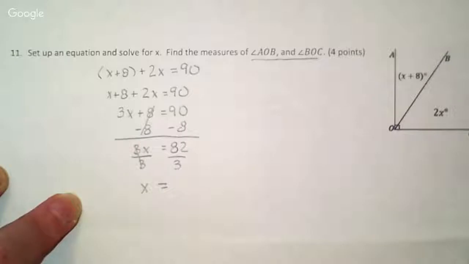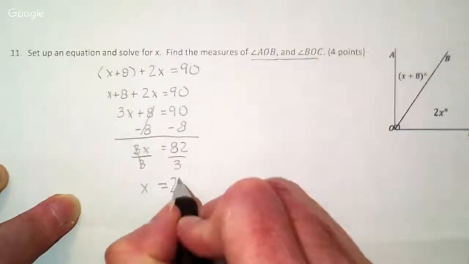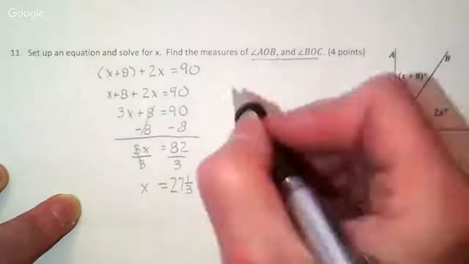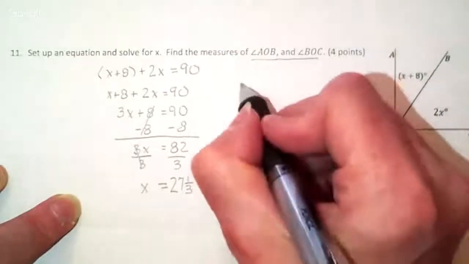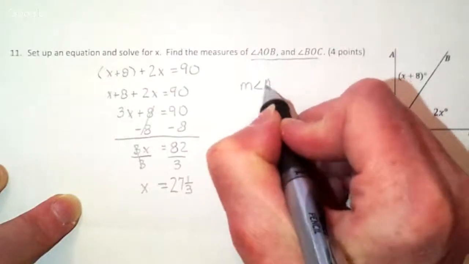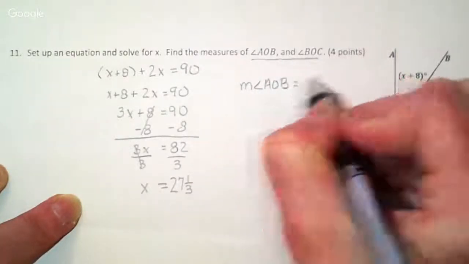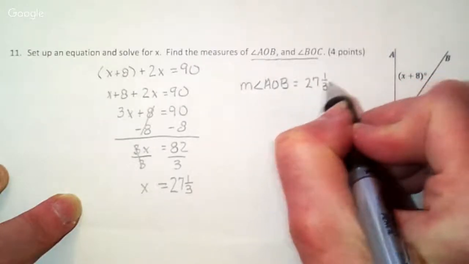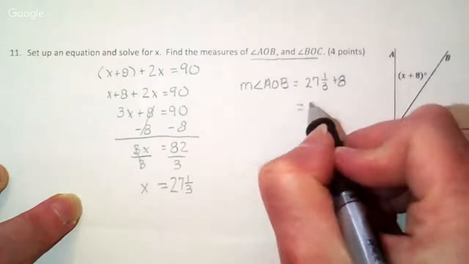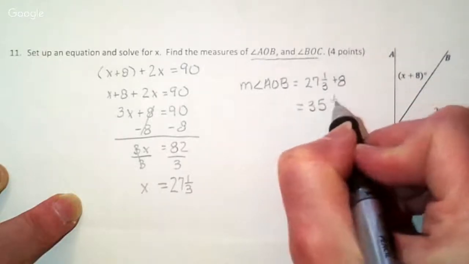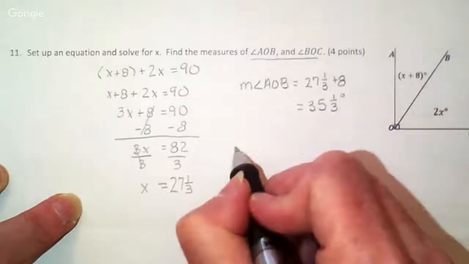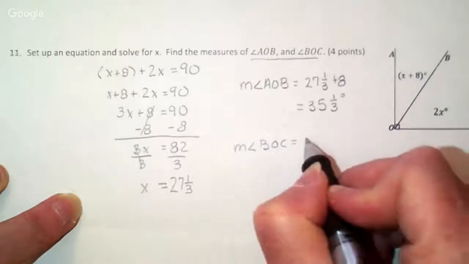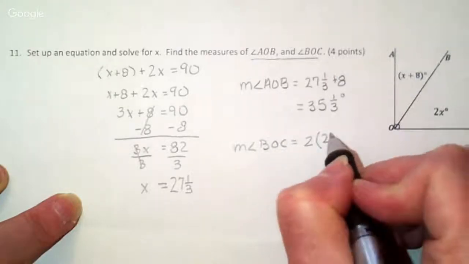And we're going to get 27 1/3. So here, when we find AOB, the measure of angle AOB, we're going to have 27 1/3 plus 8, which will equal 35 1/3 degrees, while the measure of BOC is going to be 2 times 27 1/3.